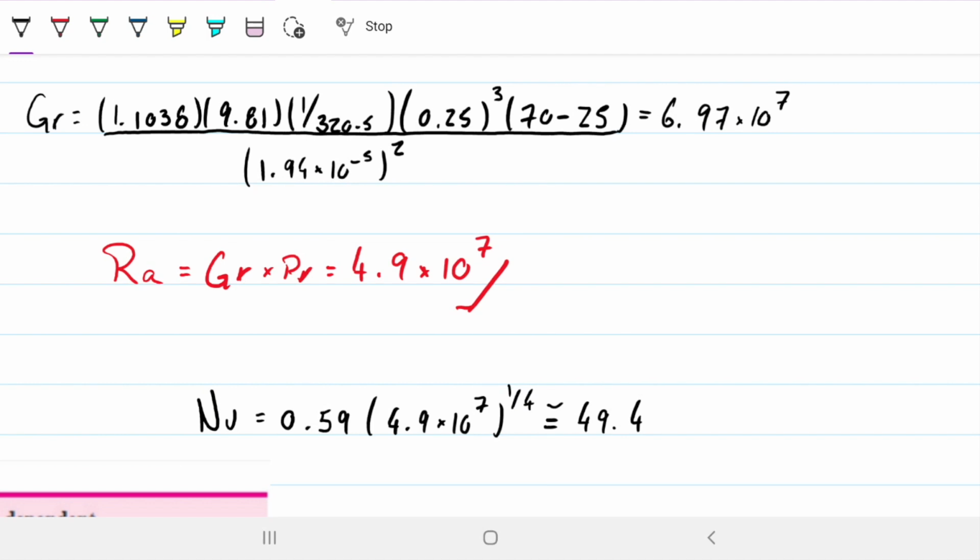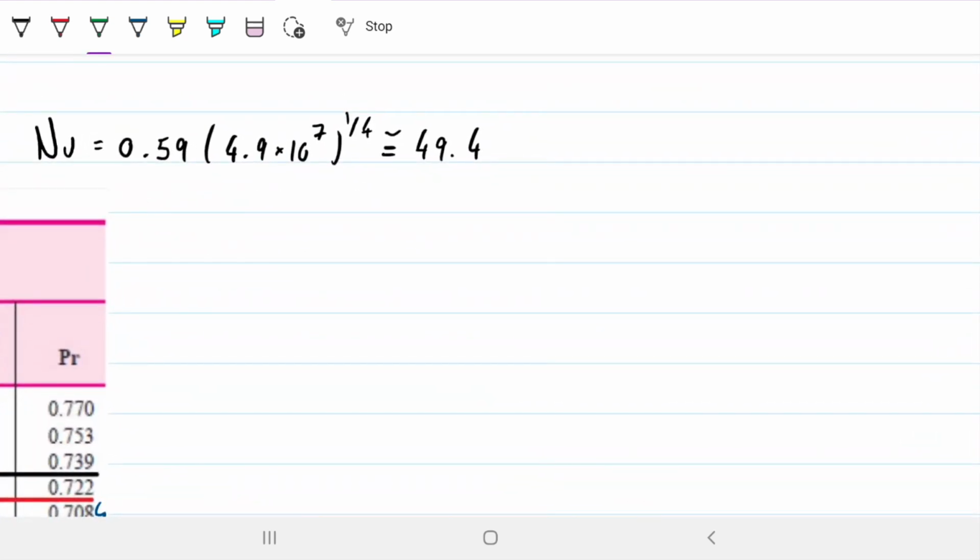Now I have Nusselt. With Nusselt, it's pretty easy to find Q, right? Because I'm going to use Nusselt to find H. With H, I'm going to find Q. So let's keep digging. We know Nusselt equals convective coefficient times characteristic length divided by the conductivity. The characteristic length of the plate is L, or in our case here it's the height.